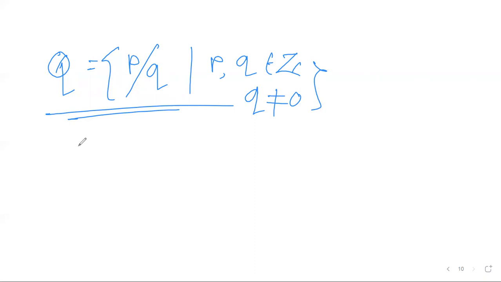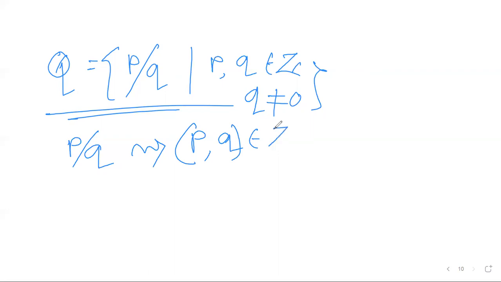P over q, I can think of as p comma q, and they both belong to Z, with q belonging to Z minus 0. So now I know my basic set, that is my Z cross Z minus 0 set.